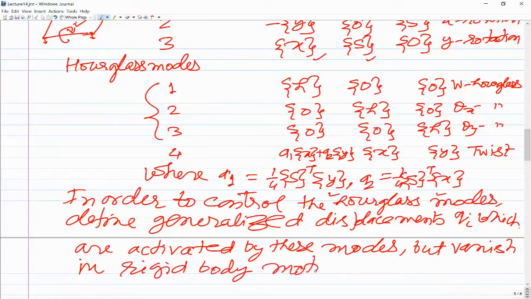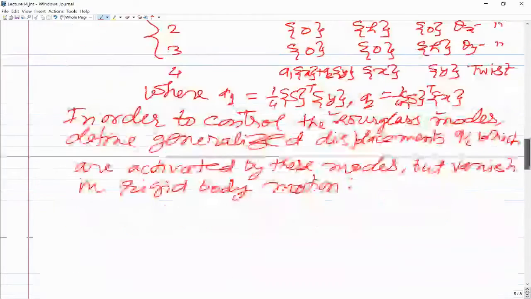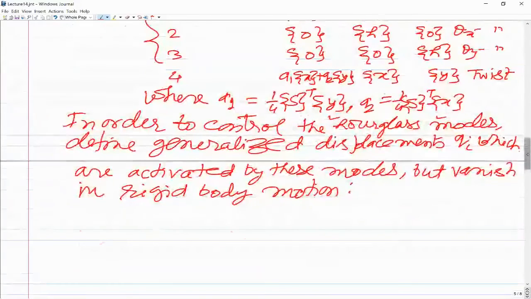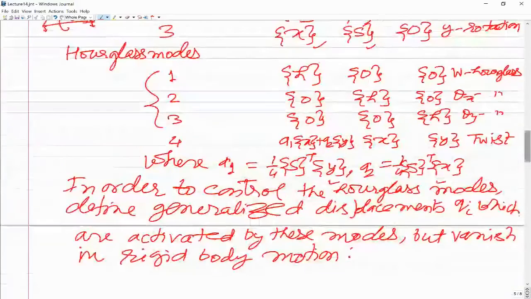Sir, in the hourglass modes, you have told that there will be no energy associated. By looking at the shape of this mode, will there be localized strain? No, you cannot just say it, you have to calculate.